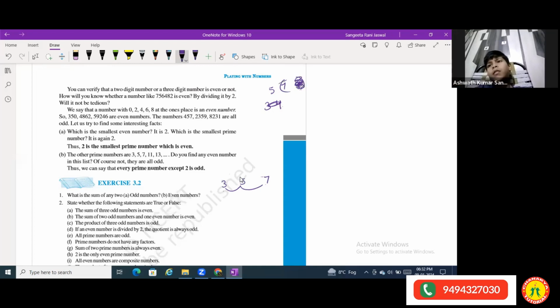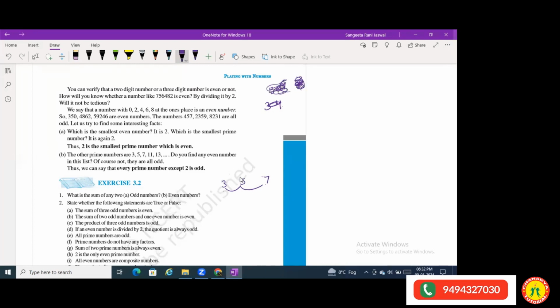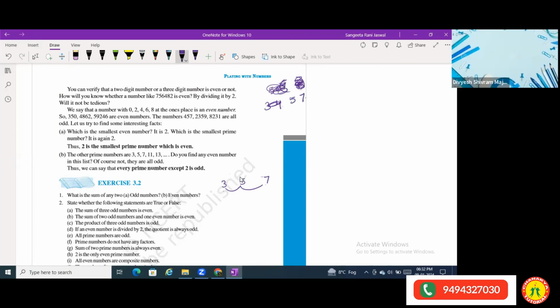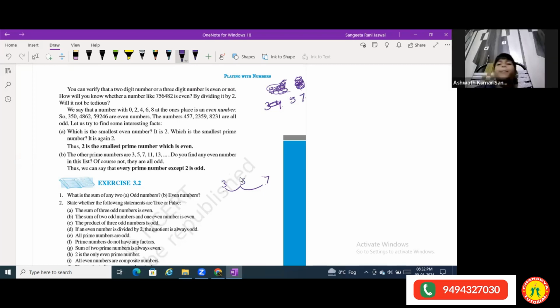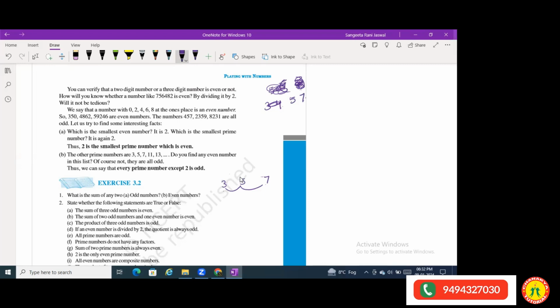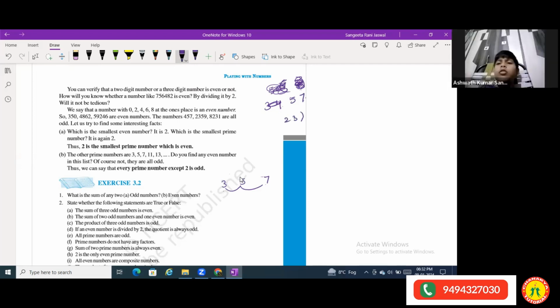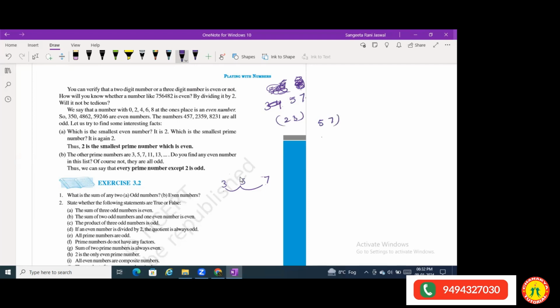Now I'm talking about 11. You can take 11 and 13, 5 and 7, 3 and 5. There are many co-prime numbers like 2, 3, 5, 7, 11, 13 you can have.